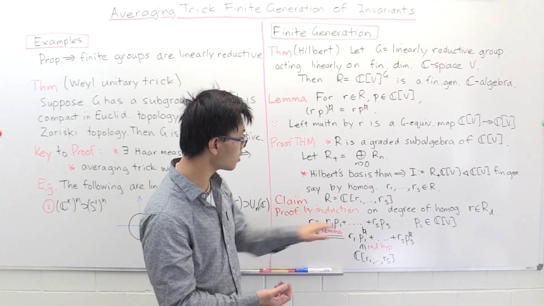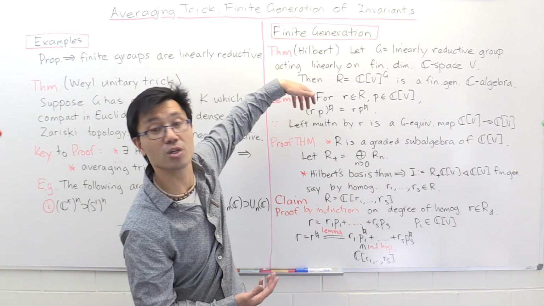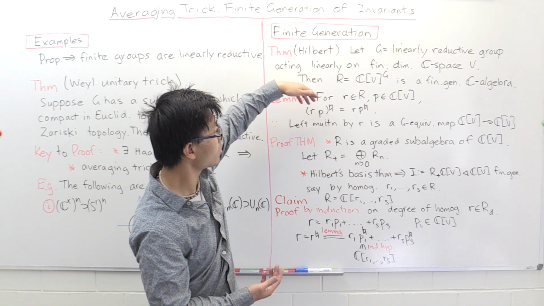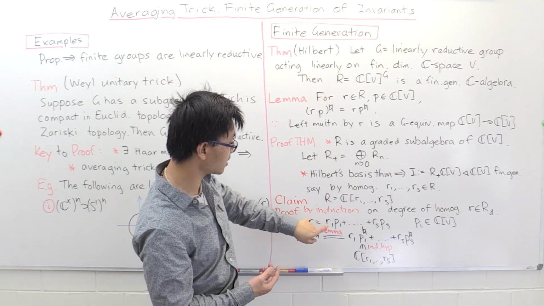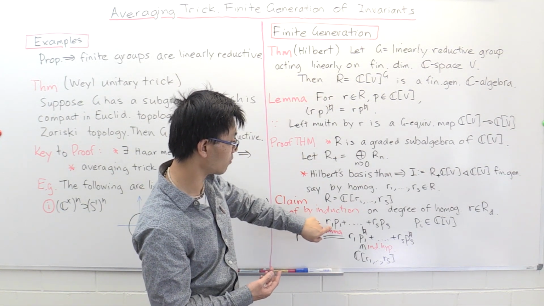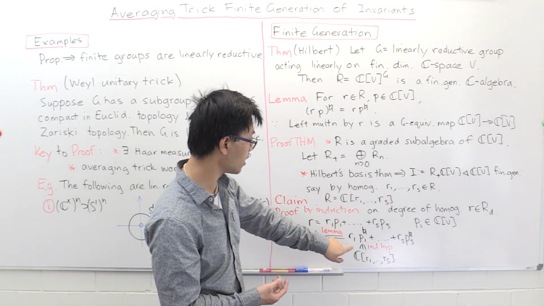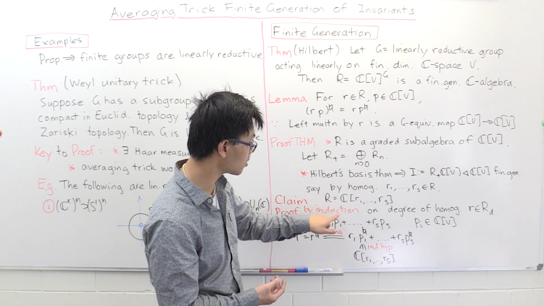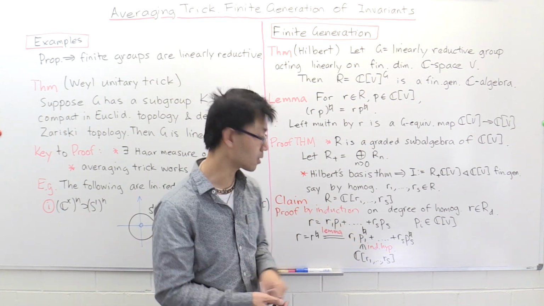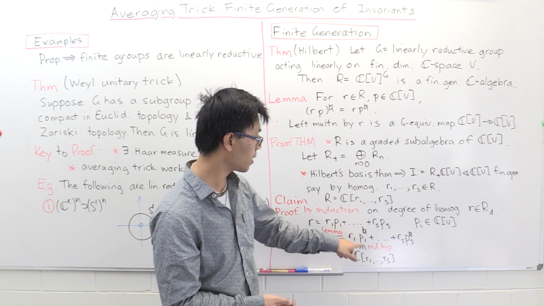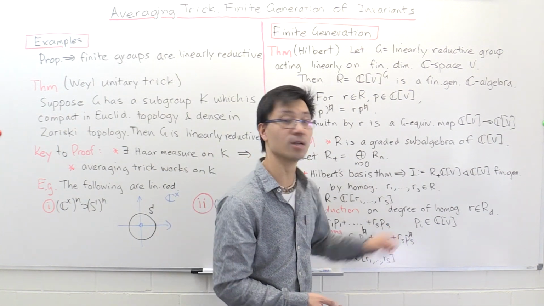And what's the Reynolds operator on each of these summands? Well, that's where we use the lemma now. The lemma says that since one of the factors is already fixed by all of G, the R's are all fixed by all of G, you just need R1 times the Reynolds operator applied to the other term, P1 natural. So here you've got R1 P1 natural plus all the way up to Rs Ps natural.